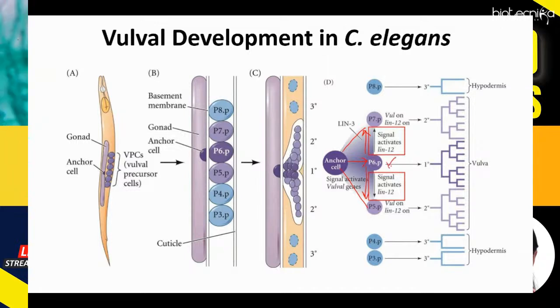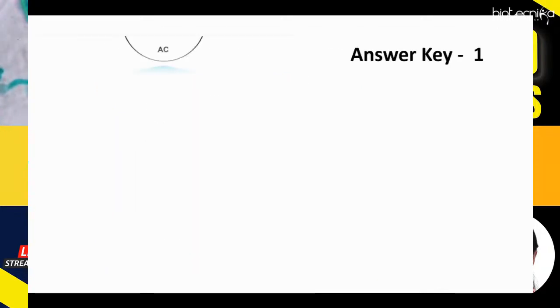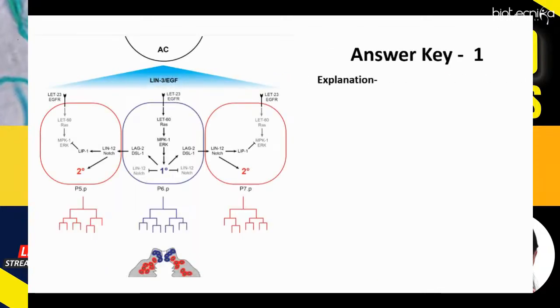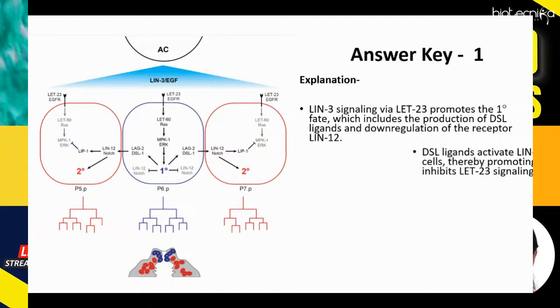Only once the fate of P6P has been determined will it give an inhibitory signal to the nearby cells not to form the primary structure. That is why they will form secondary structure. This is achieved by the expression or activation of lin12 in these cells. See, here lin12 is on, and this is juxtacrine signaling. It is Notch-Delta type of signaling. Okay. So this is how the entire thing is produced.